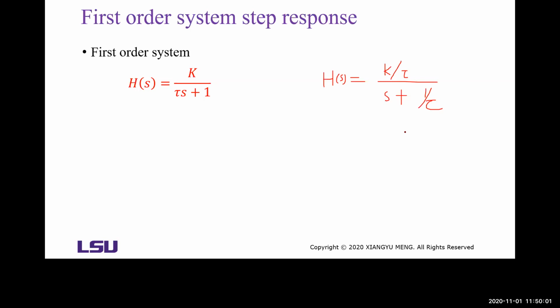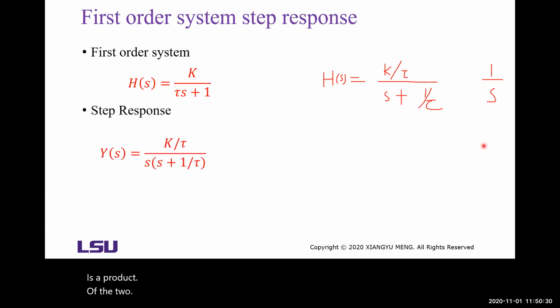Then we know the Laplace transform of the step signal is 1 over s. Therefore, the Laplace transform of the output is the product of the two. So here it shows the Laplace transform of the output signal.